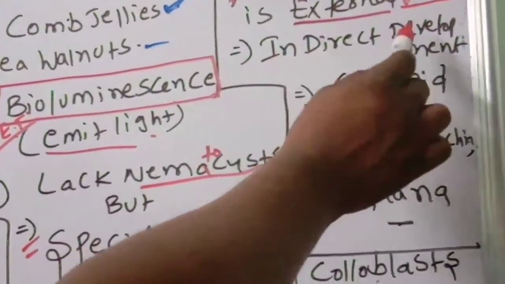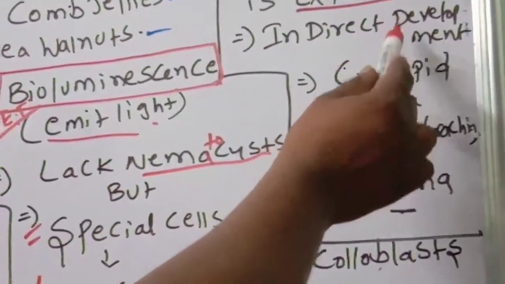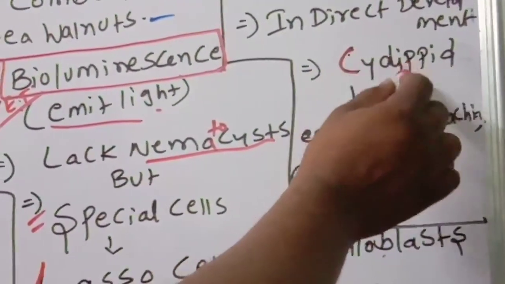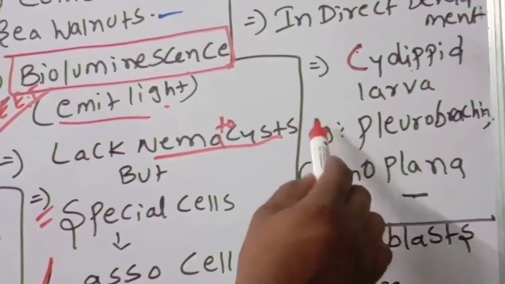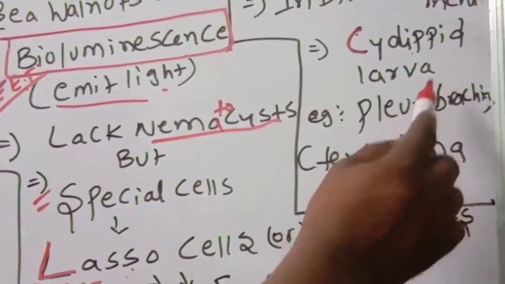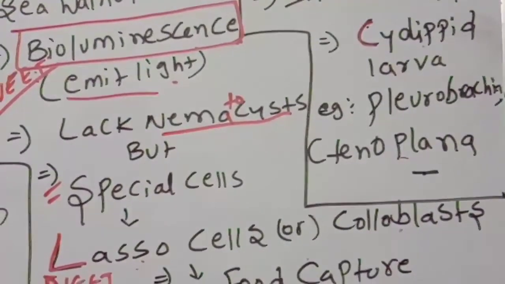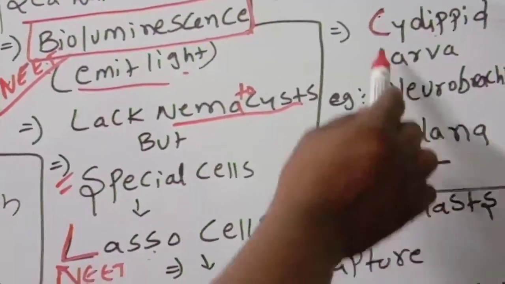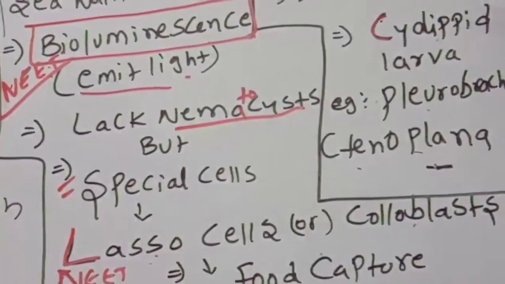They perform indirect development, means they have a larva. What is that larval form? Cydippid larva. Examples of ctenophorans are Pleurobrachia and Tenoplana, and we will see the cydippid larva in Pleurobrachia.